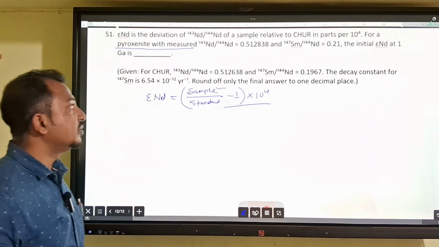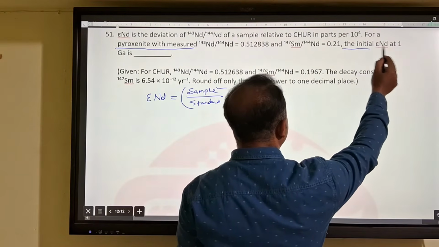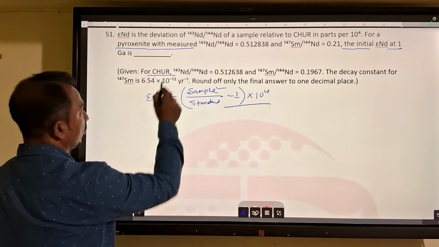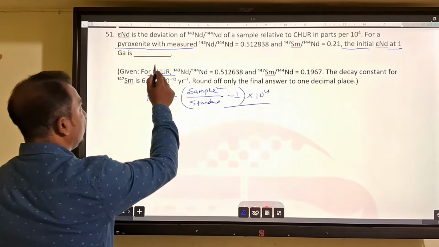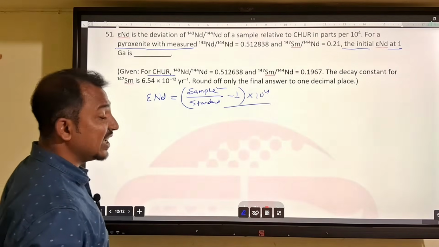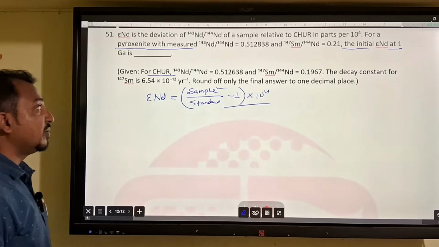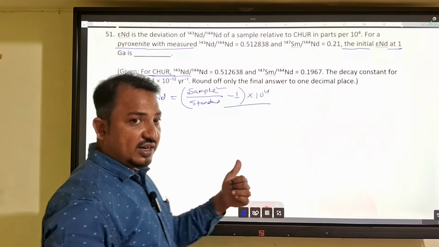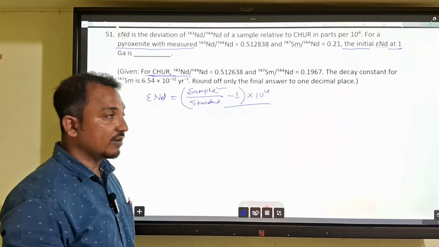So I have to calculate the pyroxenite sample value, that is the initial value of the pyroxenite at 1 billion years. Then the standard here is CHUR, the chondritic uniform reservoir, which is taken as the standard value during Sm-Nd age calculation. Then we will calculate the initial value of CHUR for 1 billion years, then put in the sample and standard values to get the answer.